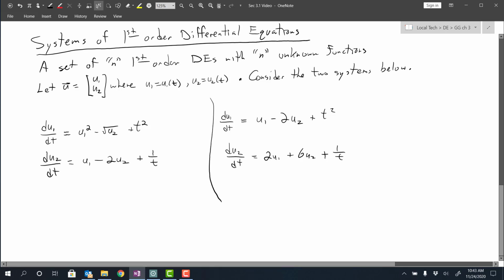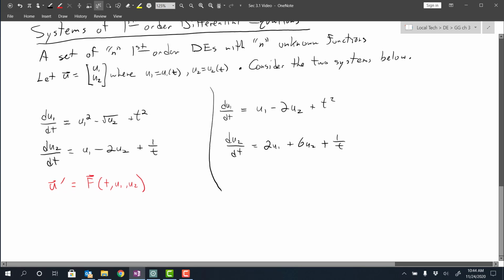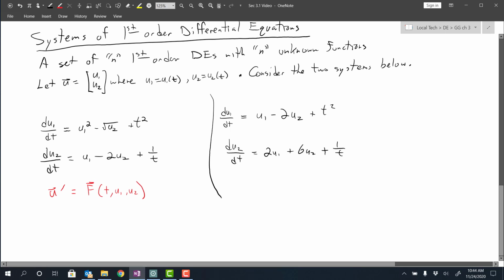If I look at the system on the left, and I've defined u to be u1, u2, then the left-hand side is just going to be my u prime. The right-hand side is going to be a vector function, in this case a function of t and u1 and u2. That's really all I can do to simplify this. This would be the general notation for this system of first order differential equations.